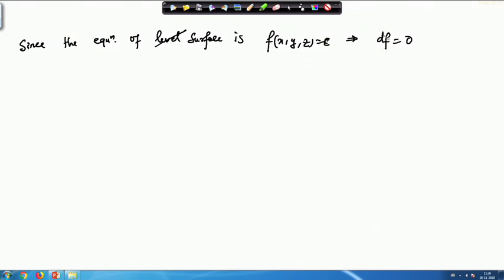Differential of f(x, y, z) equals 0, and from here this df can be written as del f dot dr equals 0. If the dot product of two vectors is 0, then they must be perpendicular to one another. So, I can write that the gradient of f is a vector perpendicular to dr.